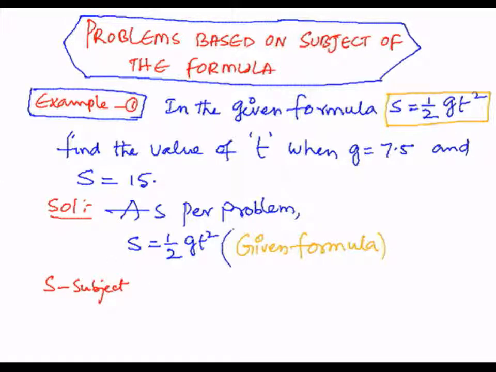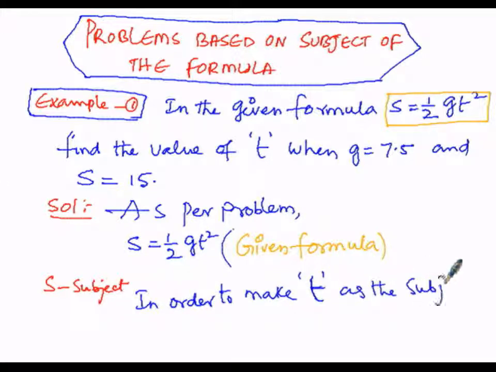But we have to find out the value of t. So, to find the value of t, first of all we have to make t the subject of the formula.